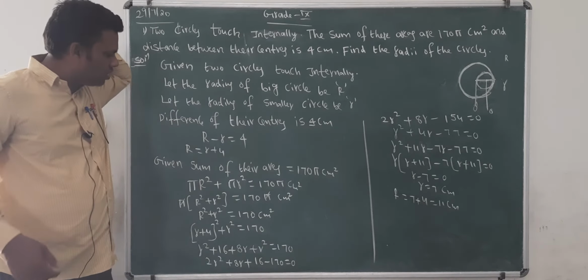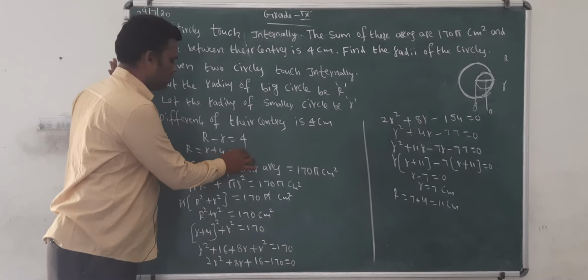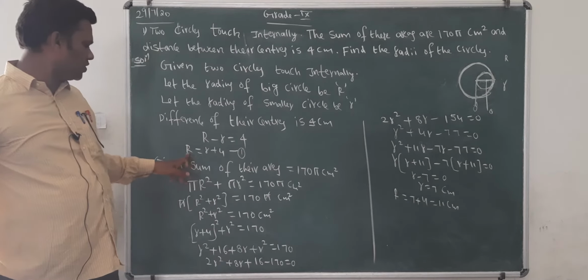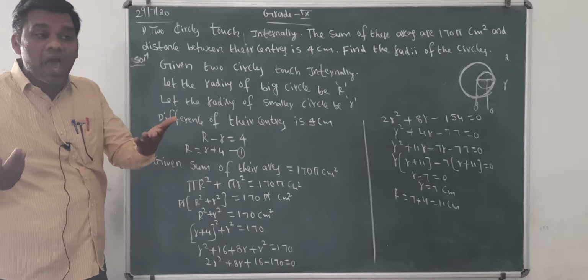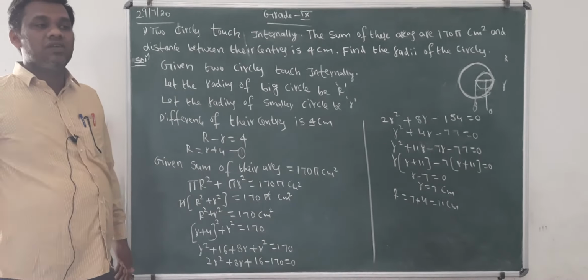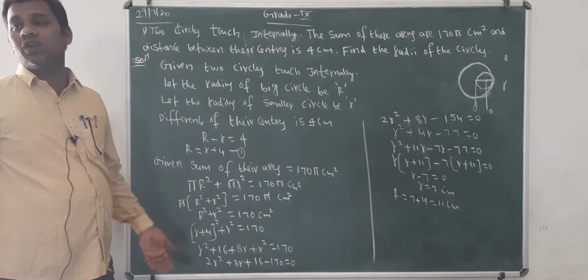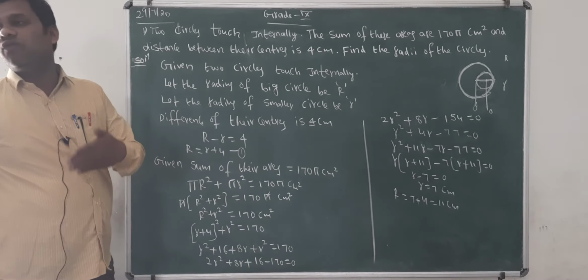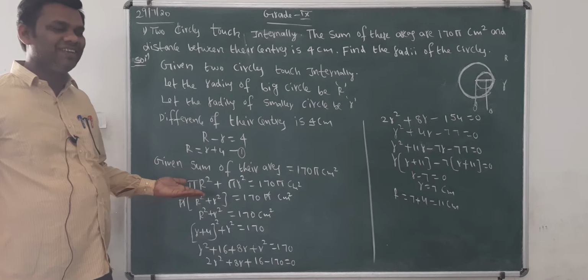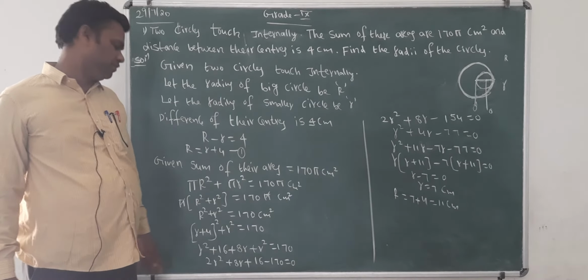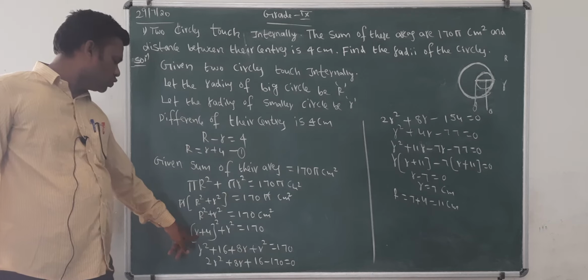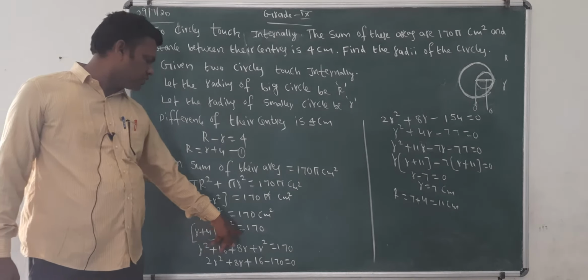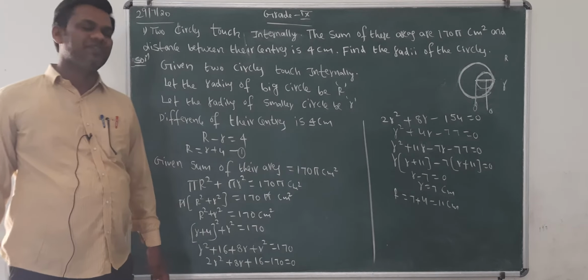From the first equation, capital R equals small r plus 4. You substitute the small r value and add 4, then we get capital R, the big circle radius. So (r plus 4) whole square plus r square equals 170.